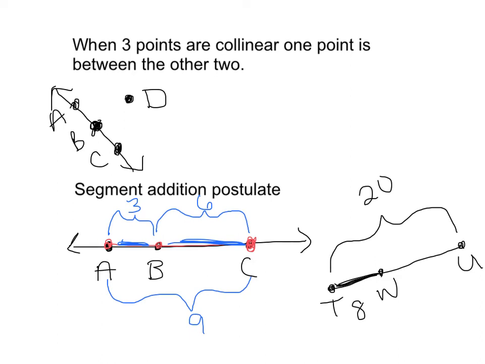They're wanting you to find this last missing piece. We know from the segment addition postulate that the little piece plus little piece equals the whole big piece. So 8 plus something is going to give us 20. How big is this segment right here? It's got to add up to 20, so WU is going to be 12.